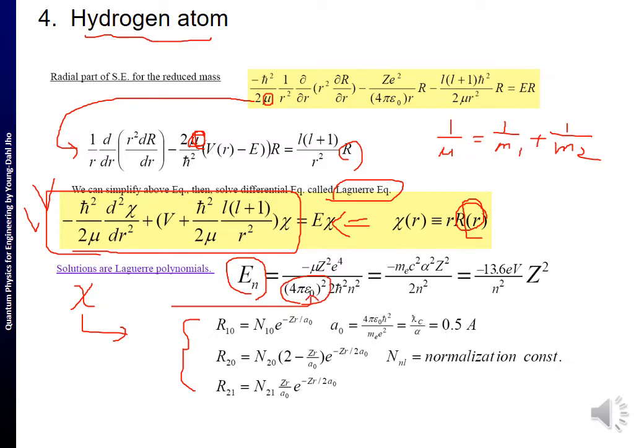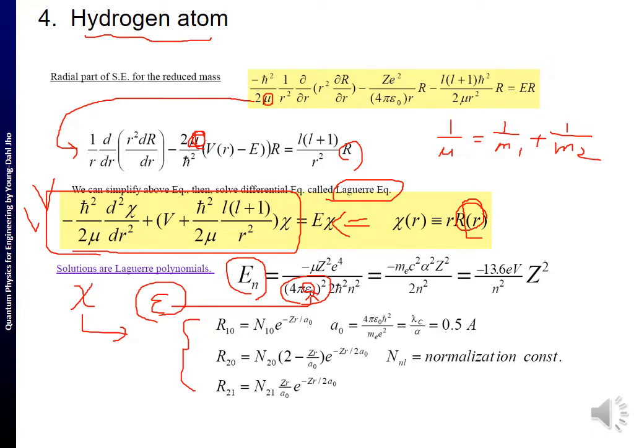Like if you consider a hydrogen atom, then you will only consider epsilon 0. But you can also extend these ideas into semiconductor structures. Then you will change this epsilon 0 to epsilon, which is called the dielectric constant.